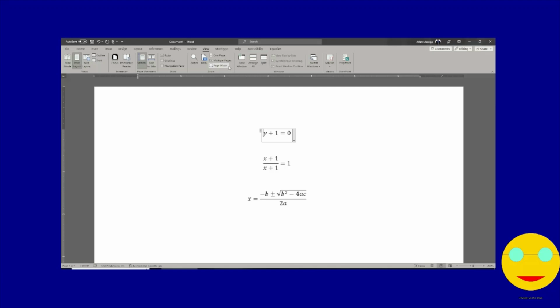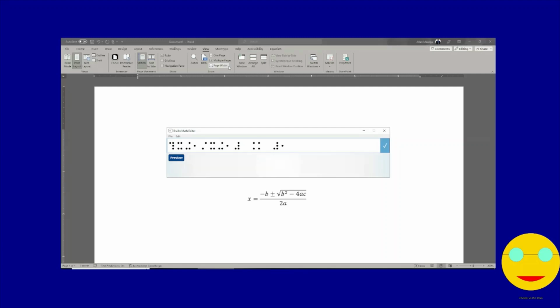Let's edit the second equation. Math content fraction x plus 1. Okay, I will put my cursor on the second equation and press insert space, shift equals. Braille Math Editor. Then, let's change the x variable into letter A. Home.